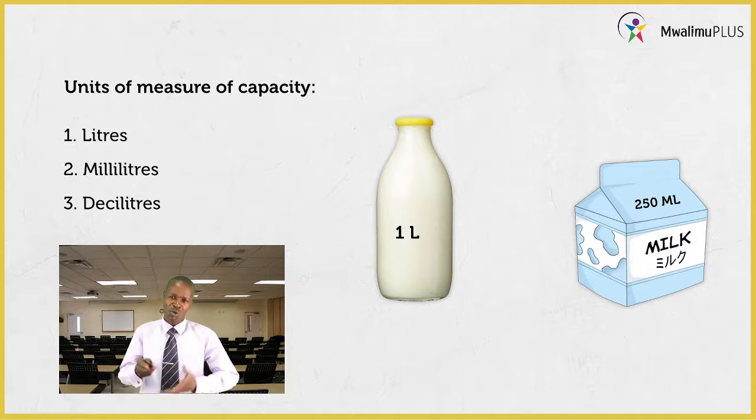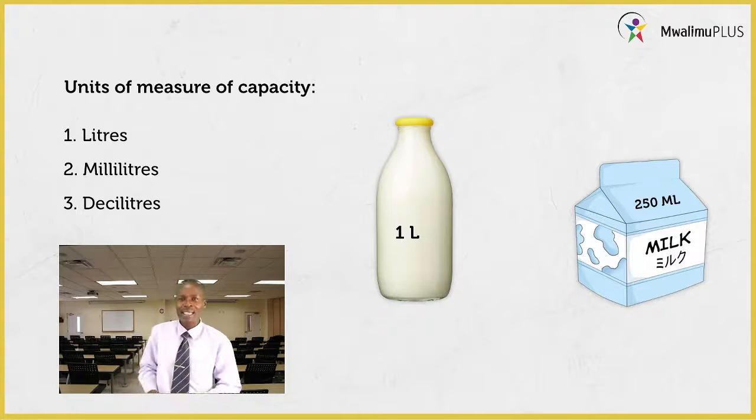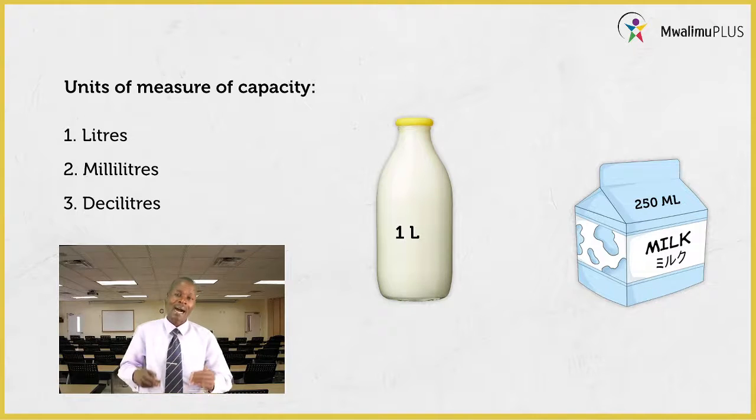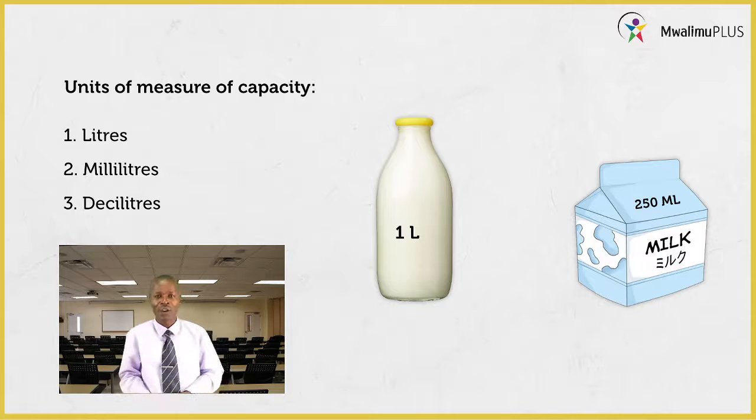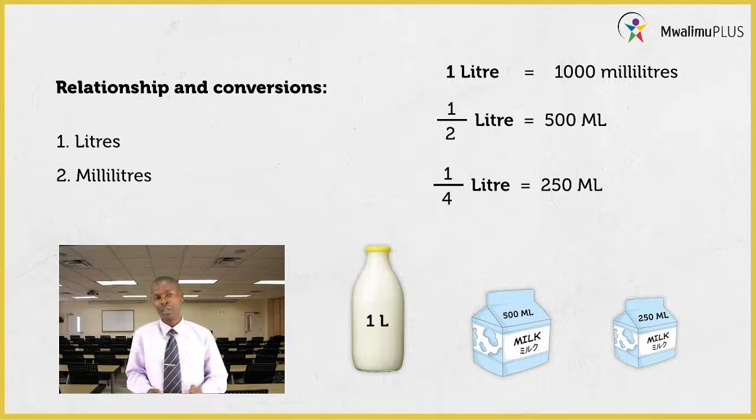Now, the two containers that you are seeing there: that bottle is 1 liter, and the next one is 250 ml, milliliters, which is approximately a quarter of a full liter. We are going to see this as we move on. Now, we also need to know the relationship between these two measures, liters and milliliters. How are they related? Which one is bigger and which one is smaller?